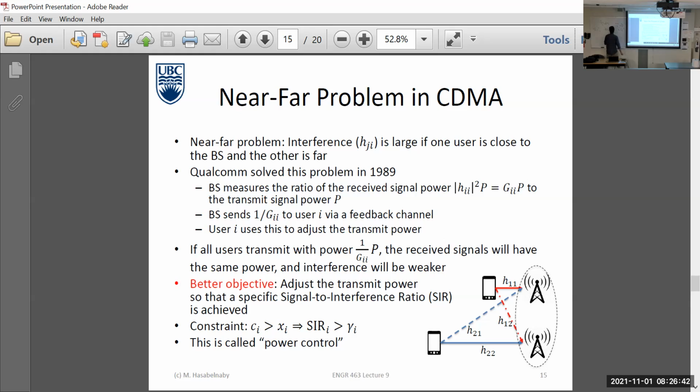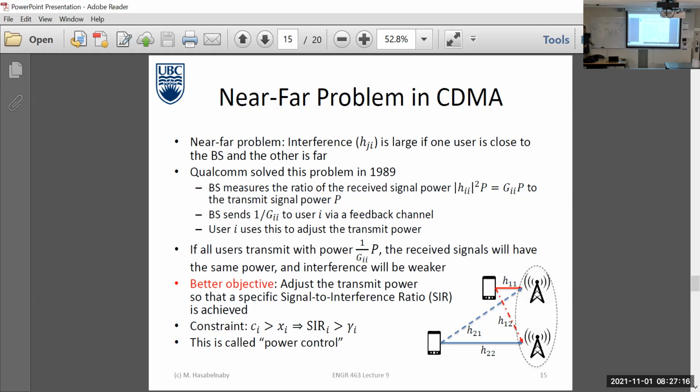This matrix represents the channel attenuation between base station 1. This row is user 1, between user 1 and base station 1, and this is between user 2 and base station 2. Here, as you can see, user 2 sends a message to base station 1.